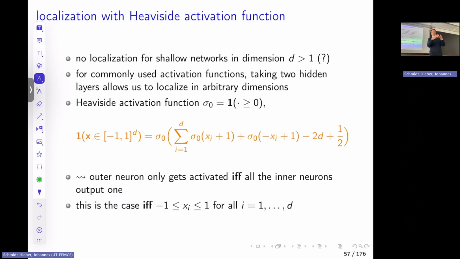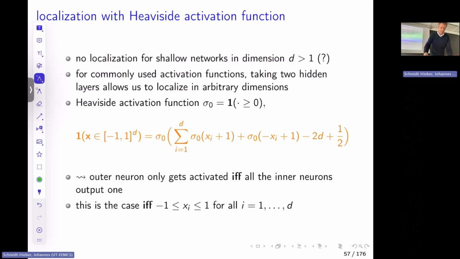Even if there's a target function, an indicator function which is 0 everywhere outside, you see that the shallow network will be non-zero still very, very far away from the support of this indicator. And that means if you then integrate this out over L^p, the whole thing becomes infinite. So these things don't have the ability to localize.